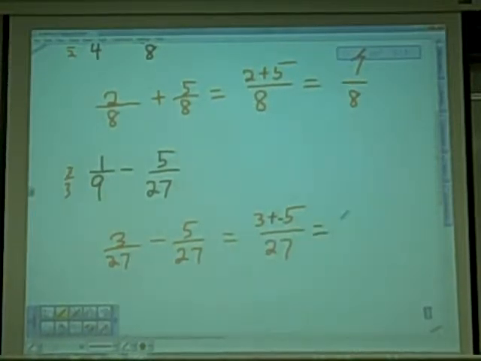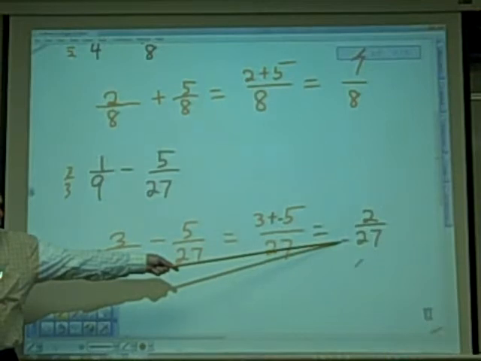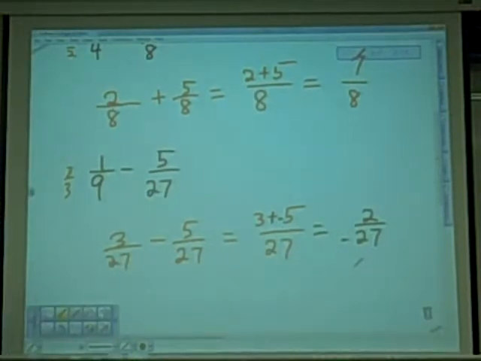Negative. It's going to be negative 2 over 27. Okay, now the negative can be in the numerator like this, or it can be off to the side. But you don't want the negative down here in the denominator, because that's not considered a simplified form. You've got to bring that up.